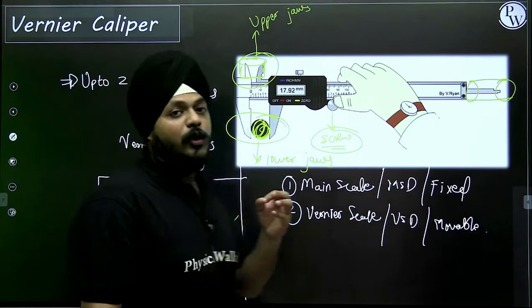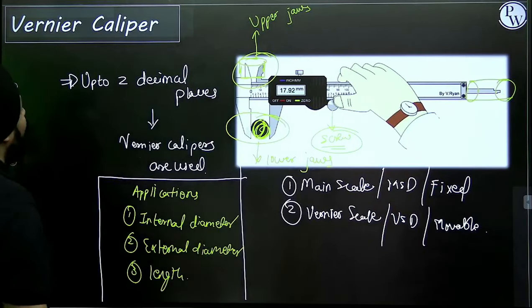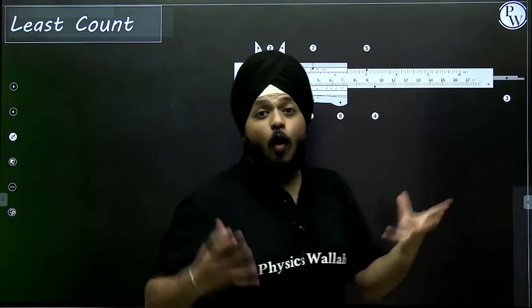Now, basically, we are going to deal with three things. The first one is the least count error. What is the least count?